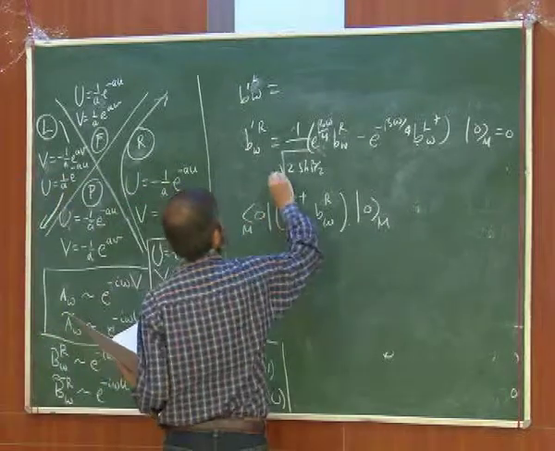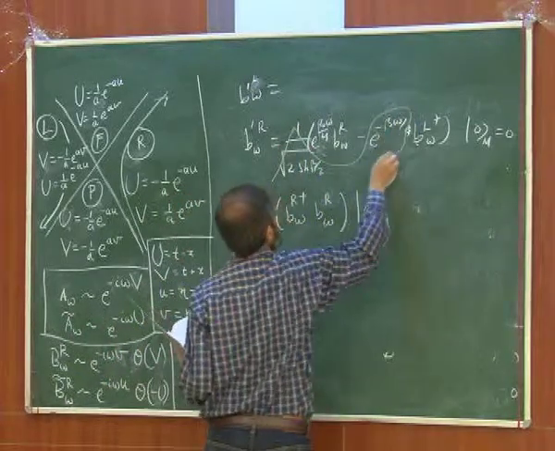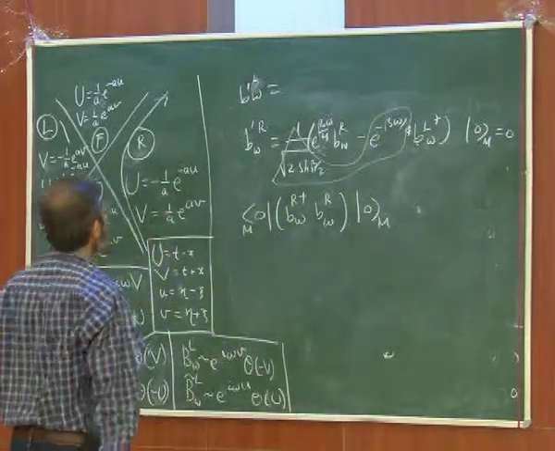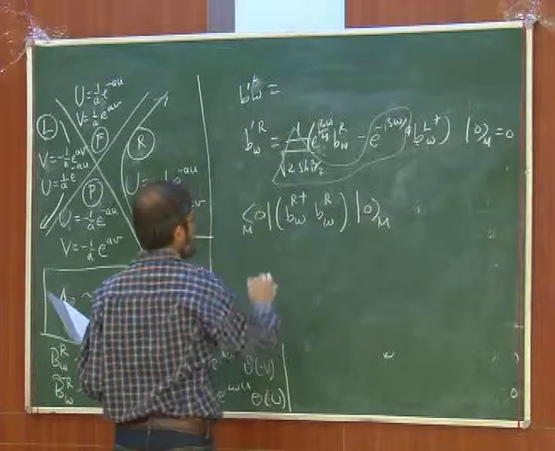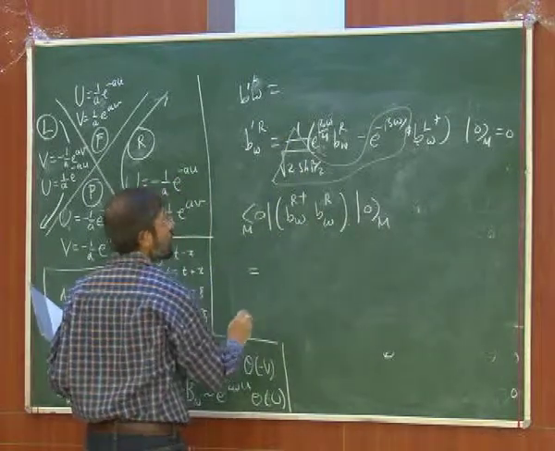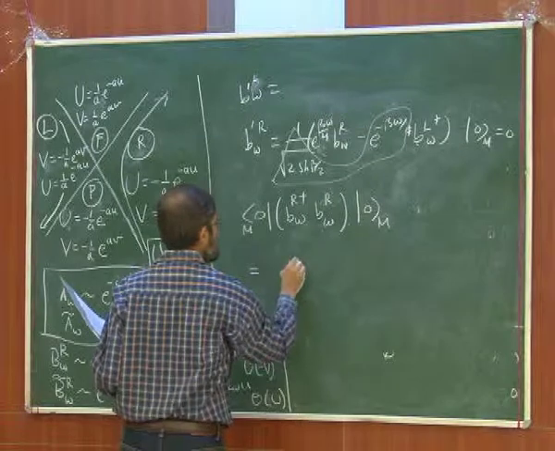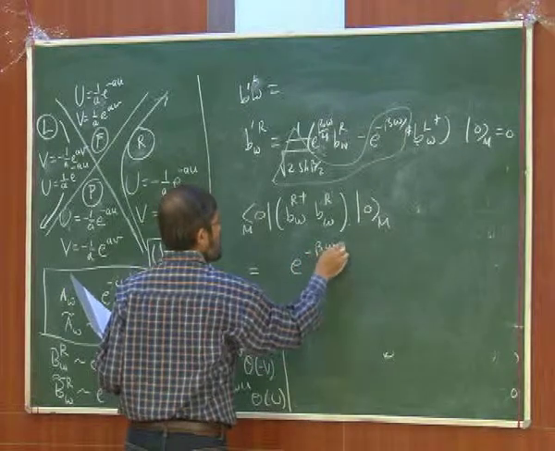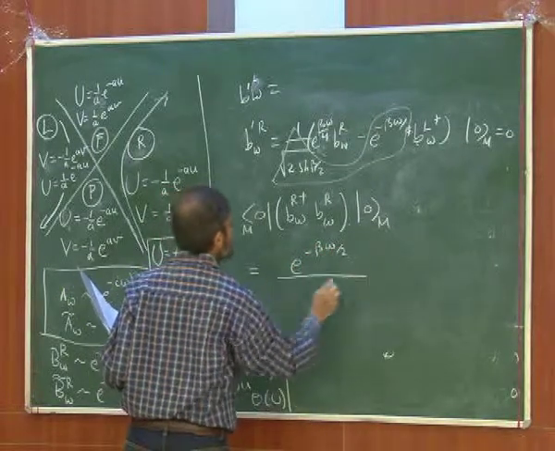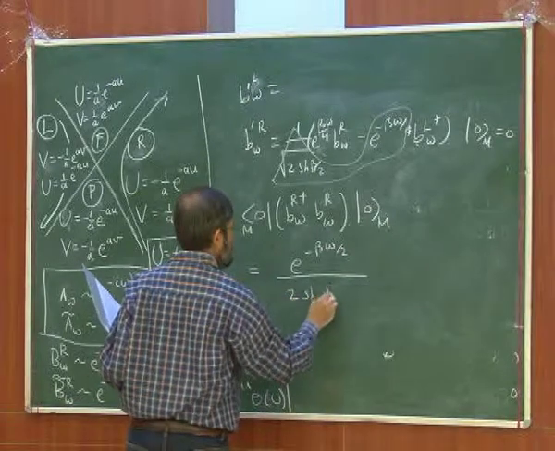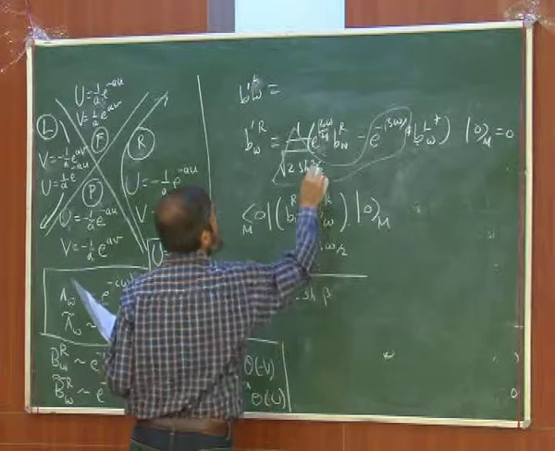The beta coefficient is actually this. You can write the similar expression here, and you can actually compute this. It's not a big deal. It's a square of this. So is this divided by 2, sorry.